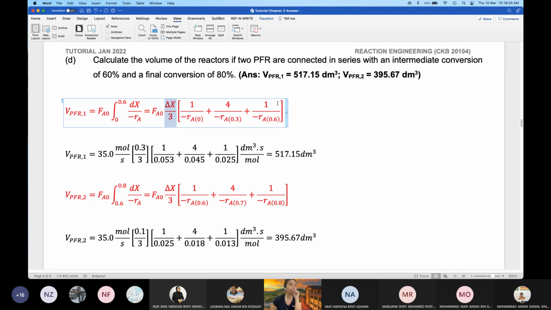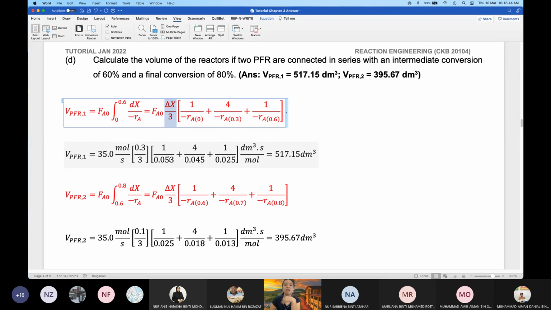So 1 per minus RA when my X is 0.6. When you have all these three, you replace them into the equation. So FA0 is 35, delta X is 0.3 divided by 3. Find from the table: at 0.6, minus RA is 0.053; at 0, minus RA is 0.053.